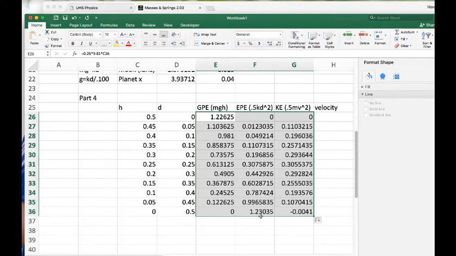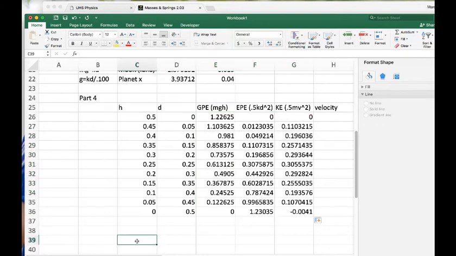We could make this perfect if we figure out what our K value really is, and that would be mgh. So at the beginning we had 1.22625, and if we set that equal to 1/2 kd squared, we could solve for what K technically should be.